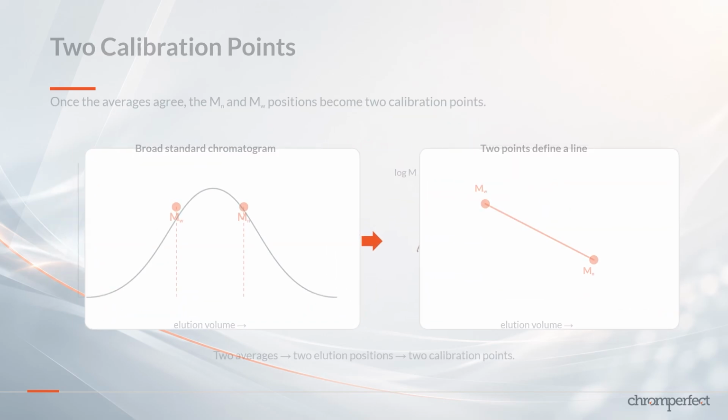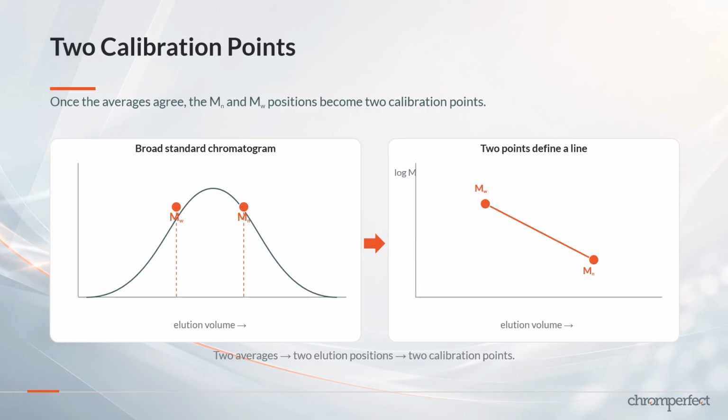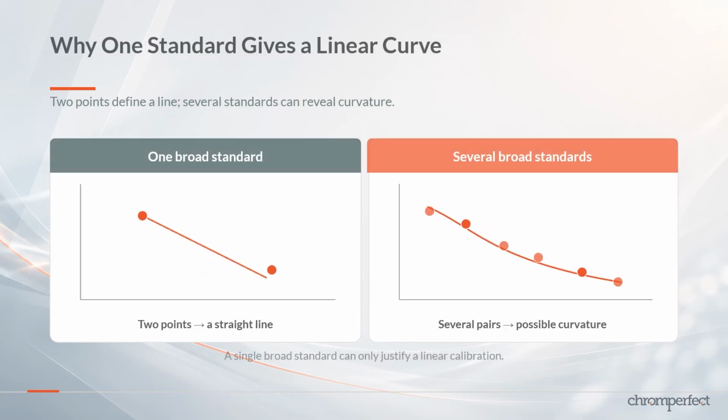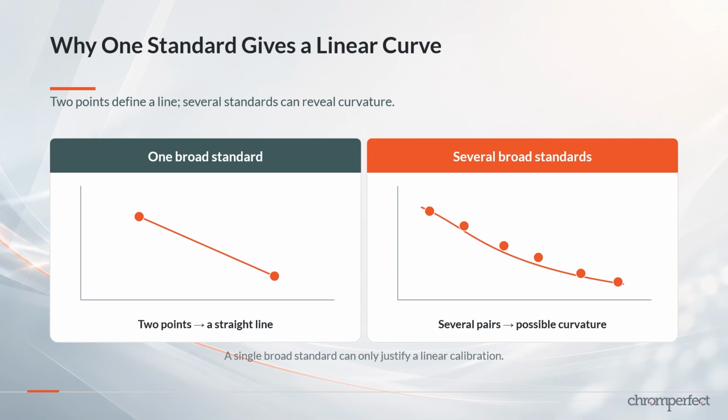Once agreement is achieved, the positions on the adjusted calibration curve corresponding to Mn and Mw are used to create a pair of calibration data points. With only one broad standard, the result is necessarily a linear calibration because only two independent points are obtained. If several broad standards are used, each produces a pair of points.